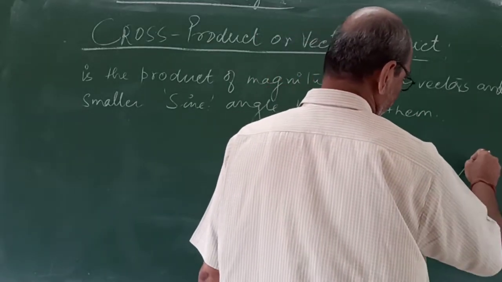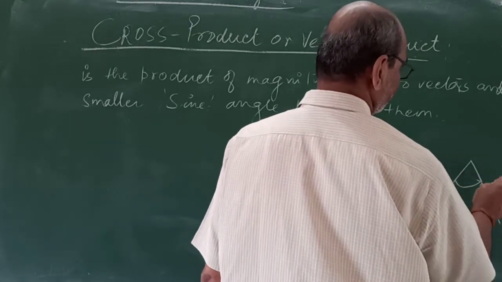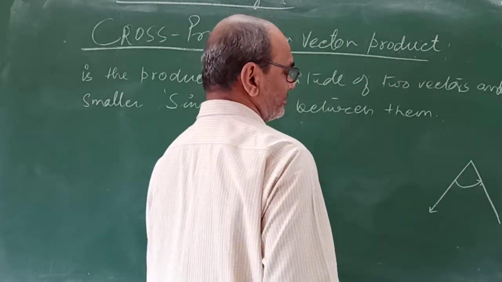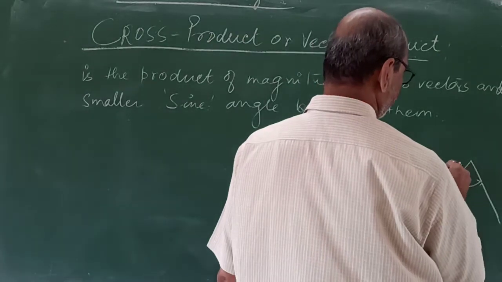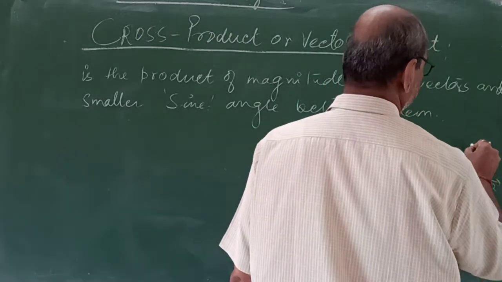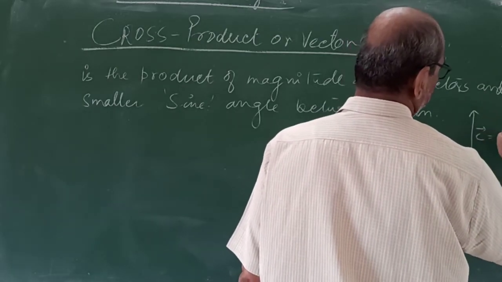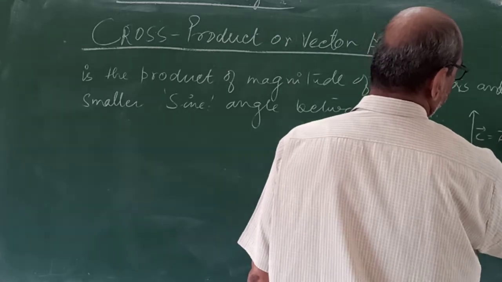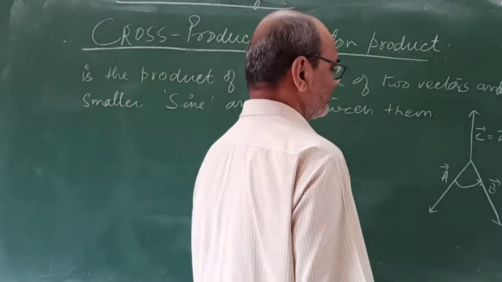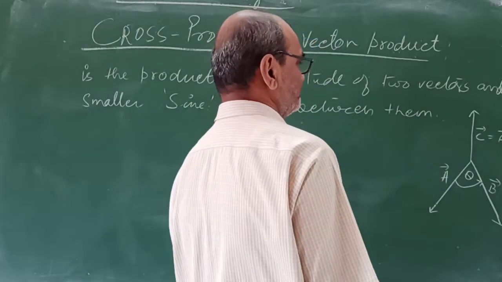The diagram is slightly different. Vector A, because it gives the direction and it also depends upon the anti-clockwise rotation. Vector A, vector B. Direction along C. C is equal to A cross B and the smaller sine of the angle between them.